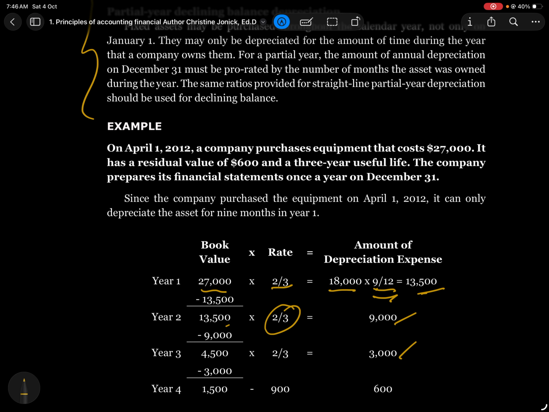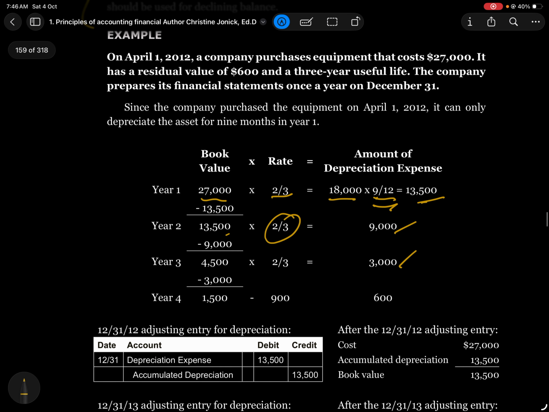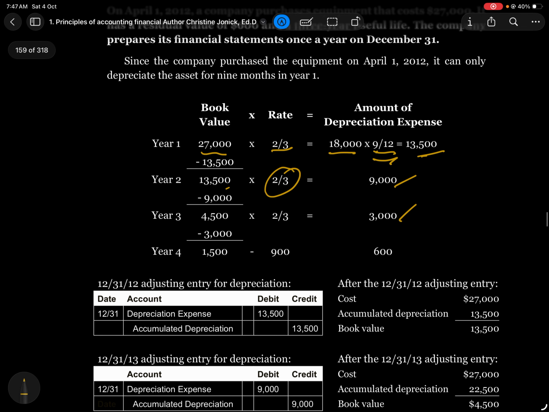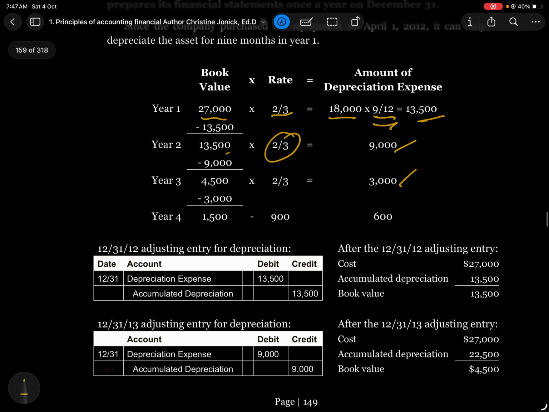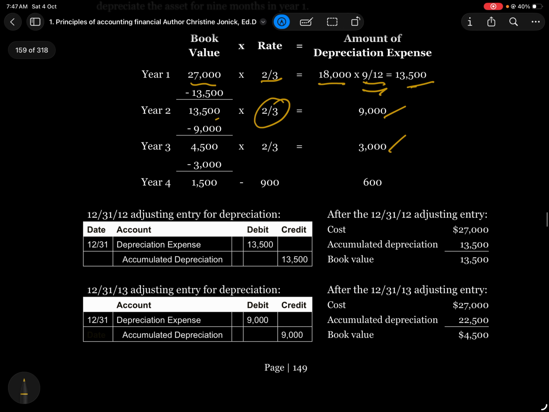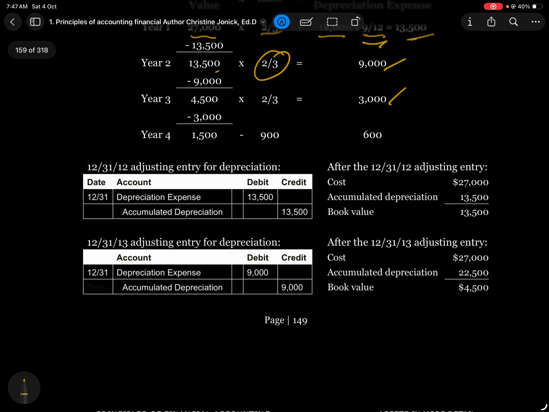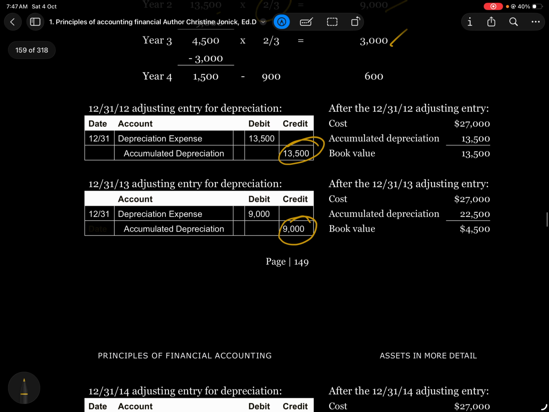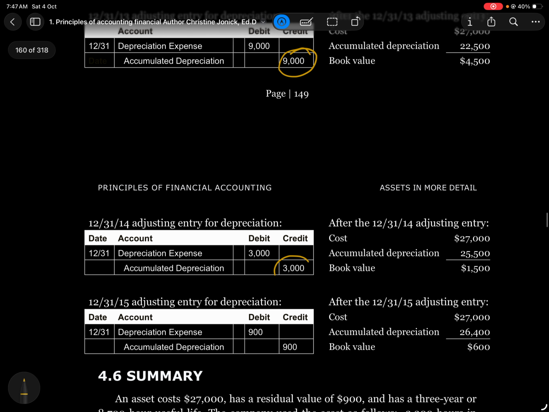Similarly, we get 3,000 next year, right? In the last year, what would happen? We would have 2,100 depreciation expense, right? So we record depreciation as such: 13,500, 9,000, 3,000, right?